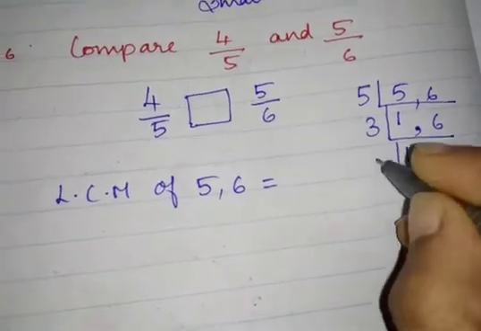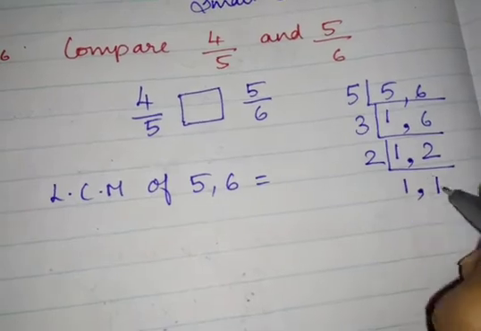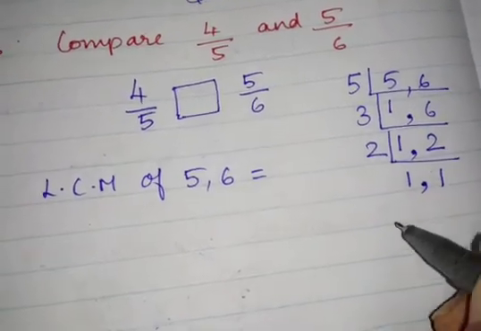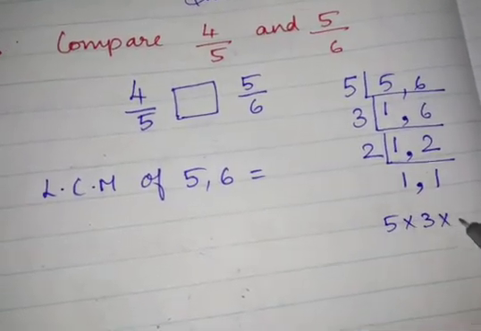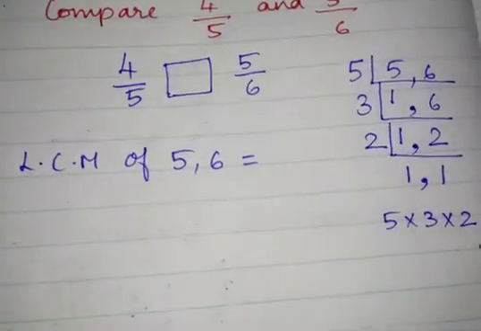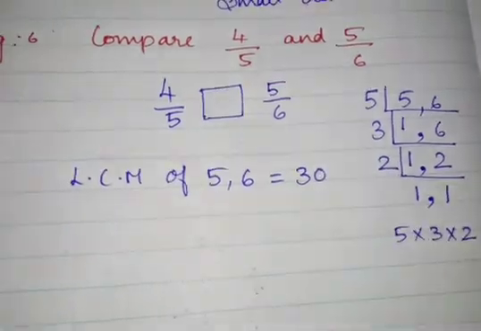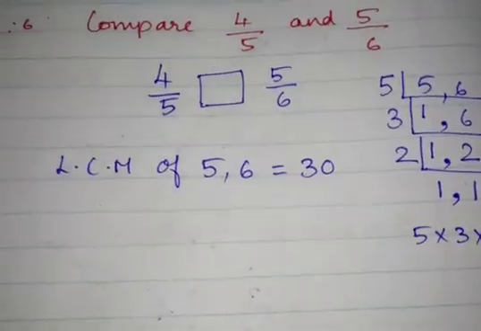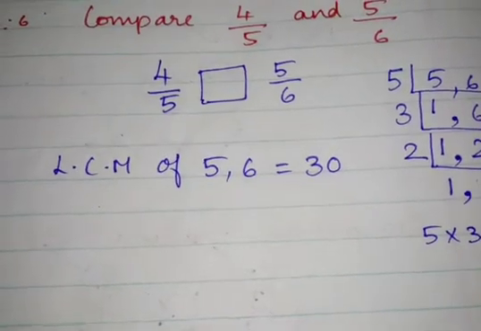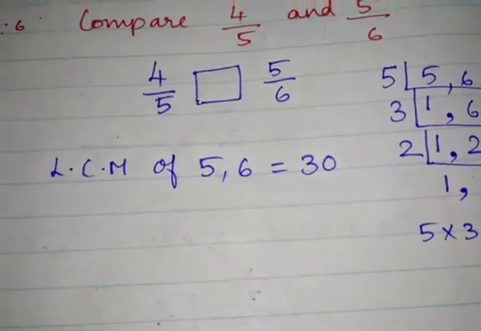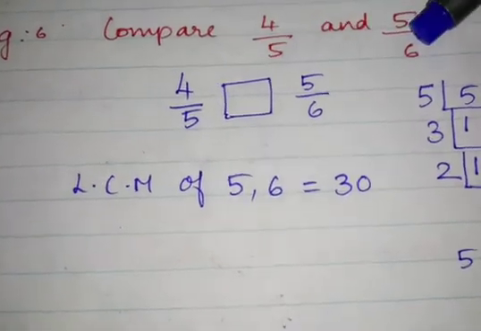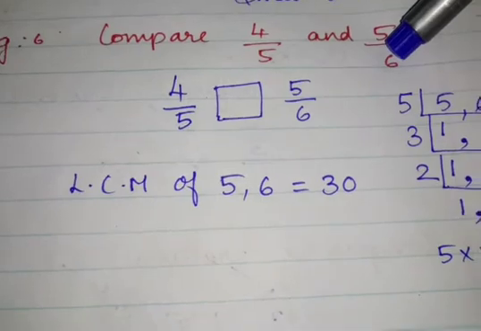Then again in the 2 table, 2 ones are 2. That's all. So 5 into 3 into 2. 5 threes are 15, 15 twos are 30. So what is the LCM value, children? 30. So what should our denominator be? Instead of this 5 and instead of this 6, it should be 30.